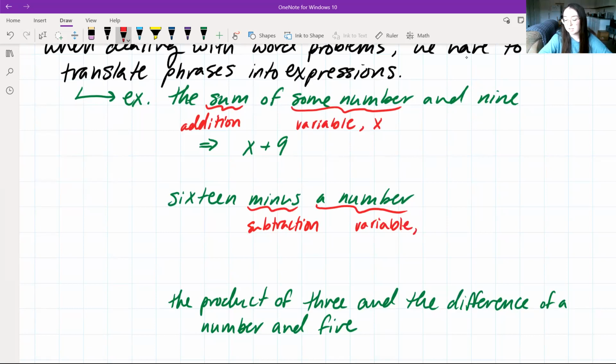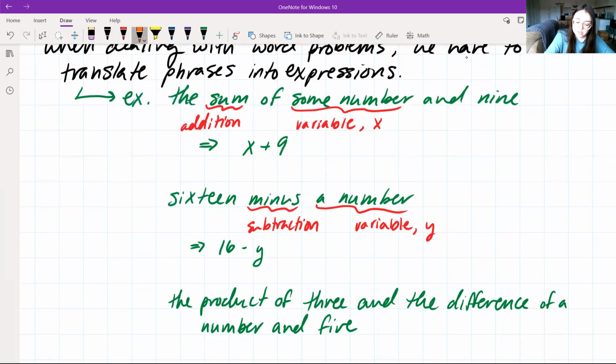And this time, let's let this variable equal y. So we have 16 and subtraction with some variable y. So we can write this as 16 minus y.